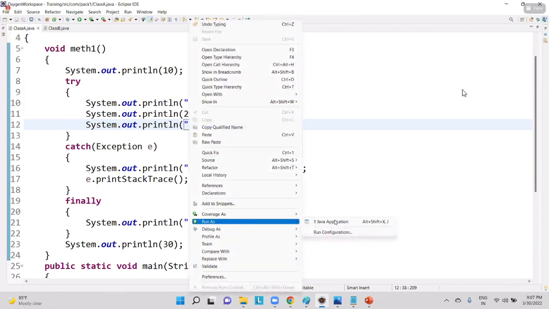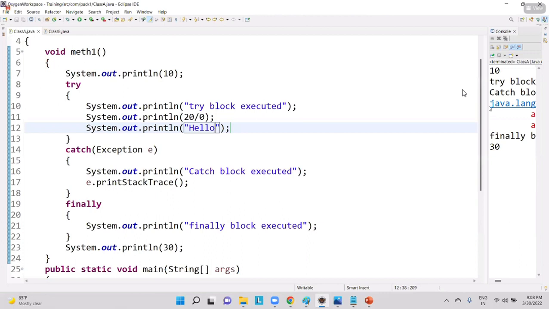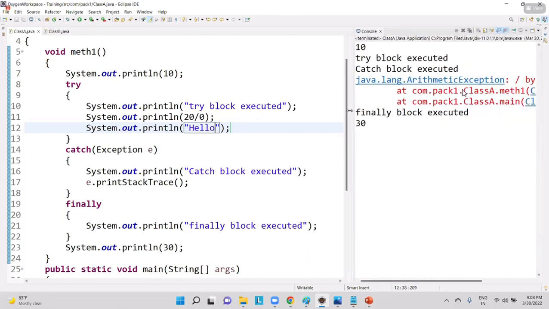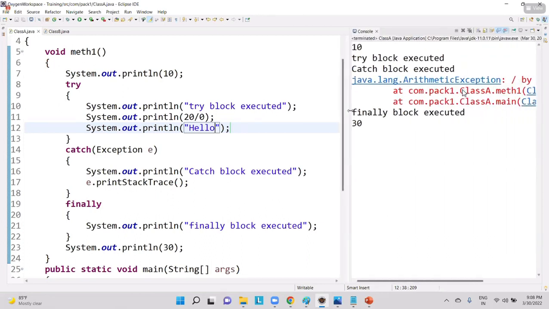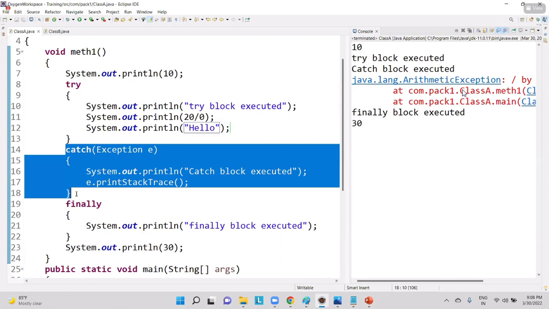Right click, run as Java application. Is hello printed, guys? No, hello did not get printed. Why did it not get printed? Because at line number 11, whenever an exception occurred, immediately it will shift to the catch block.